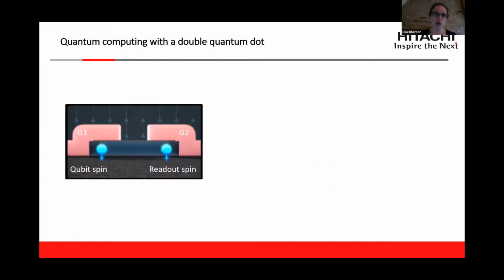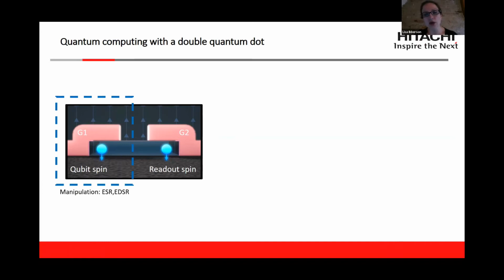So how do we use a double quantum dot for quantum computing? Well, we embody our quantum bit in the spin state of an electron confined in one half of the double quantum dot. So here on the left-hand side of the image, we have a single electron representing the quantum dot.